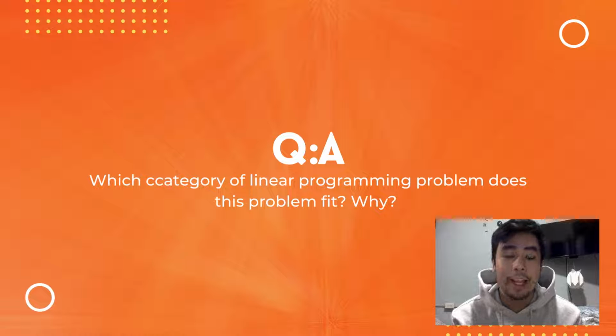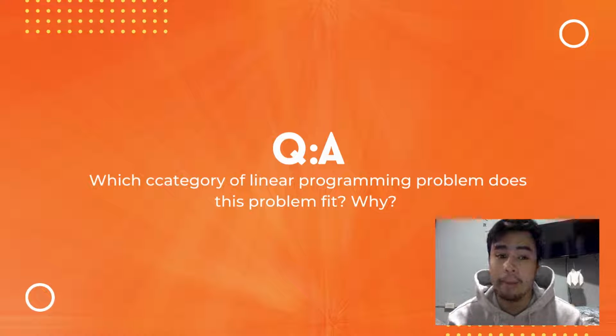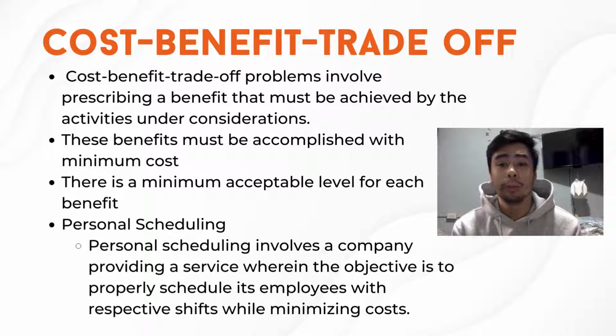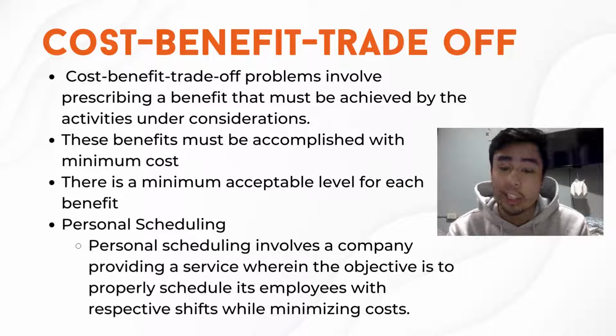Hello. Now, for question A, which category of linear programming problem does this problem fit, and why? So, the category of linear programming this problem falls under is cost-benefit trade-off, specifically personal scheduling.